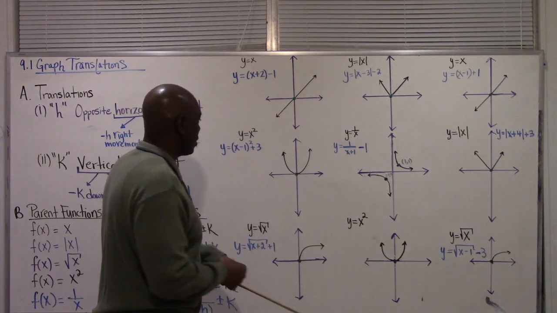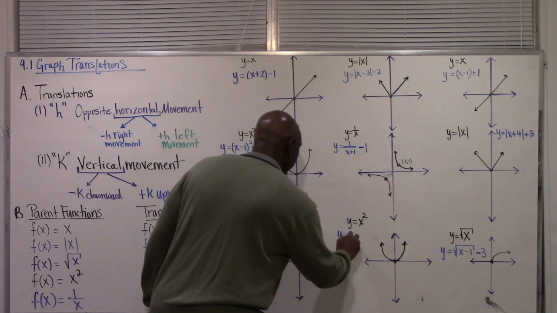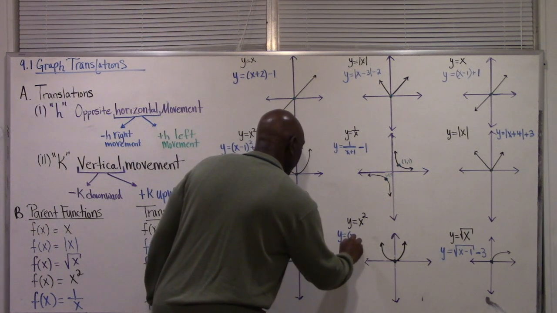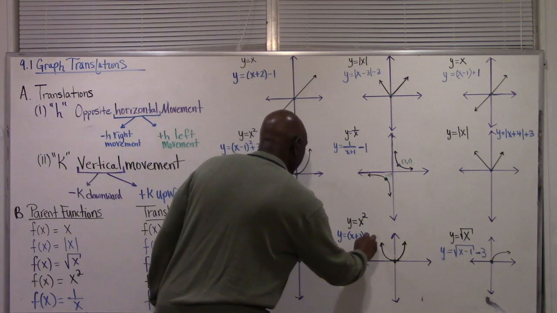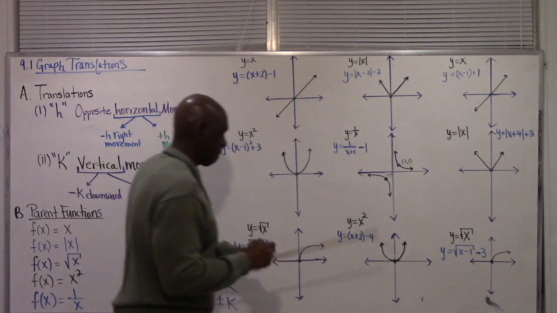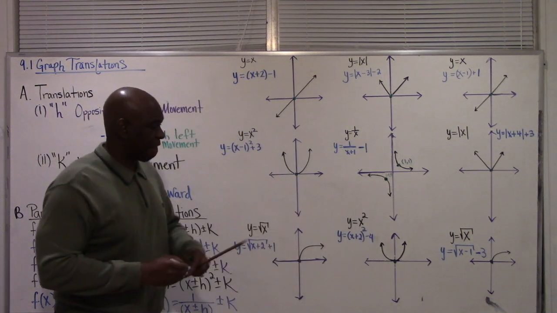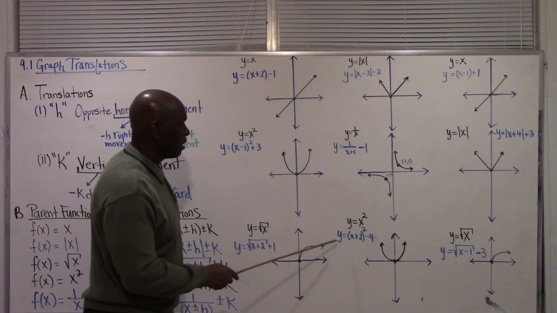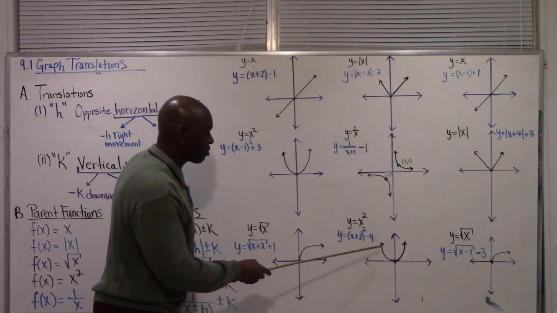I didn't write this one out. Let's go: y equals quantity x plus 2 squared minus 4. And don't forget the square right here. There we go. Let's translate that one.